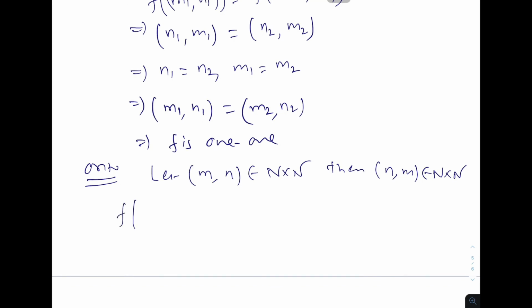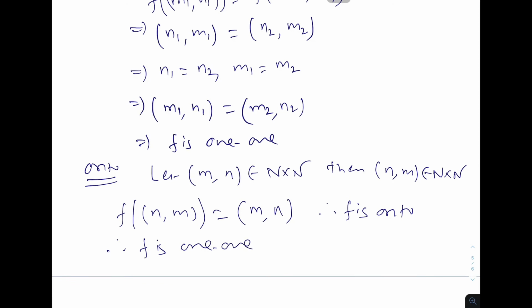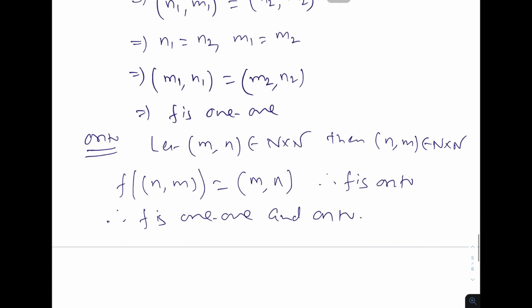Answer is yes. And if I take f of (n, m), then by the definition of the function it is (m, n). So whatever element we have taken here, we get that element as the image of some element. That means f is onto, and therefore f is one-one and onto. If something is one-one and onto, that means f is bijective.